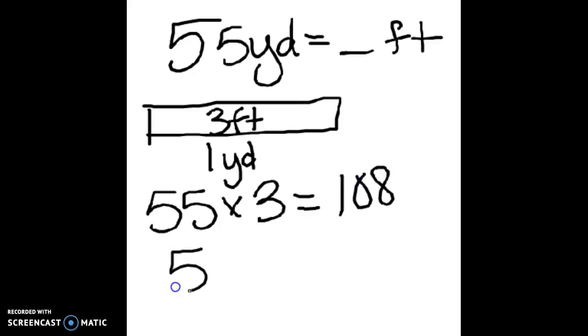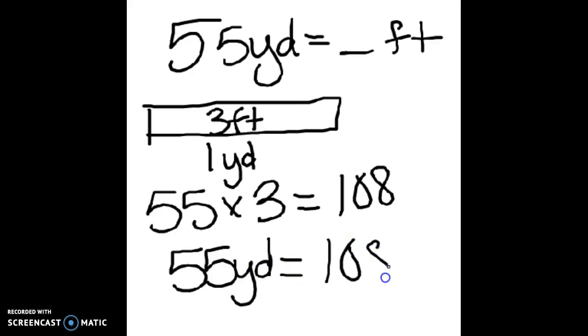So there are 55 yards and 165 feet. Again, if I want to check for reasonableness, yards is my bigger measurement, so I should have fewer of them. I have 55 yards and 165 feet. I could estimate that this is correct.